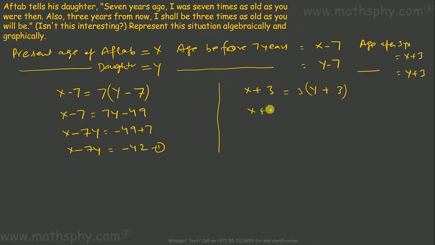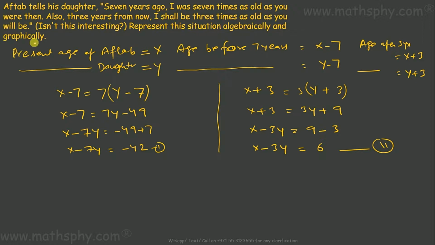So x plus 3 equals to 3y plus 9. x minus 3y would be 9 minus 3. x minus 3y would be 6. That's the second equation. So x minus 7y equals to minus 42, x minus 3y equals to 6. That's my algebraic representation of this situation.